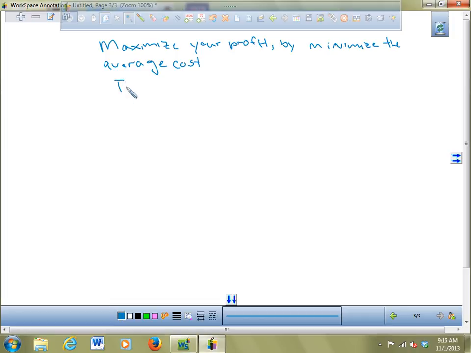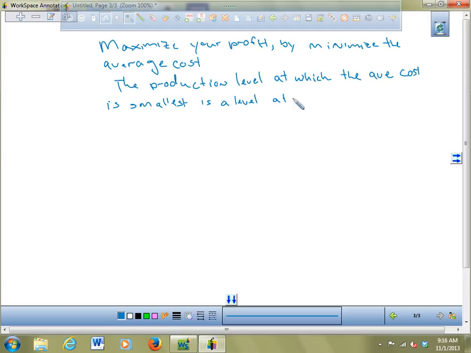So the production level at which the average cost is at a minimum, is smallest, is a level at which the average cost is equal to the marginal cost.